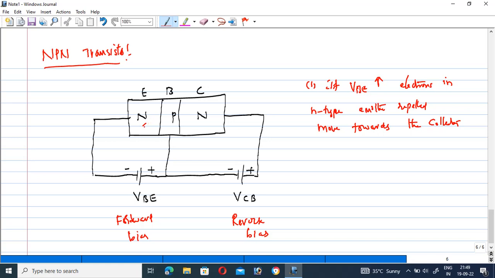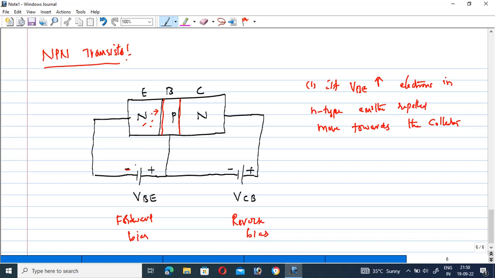In the N-type semiconductor material, the majority charge carriers are electrons and the minority charge carriers are holes. Therefore, when the negative terminal is connected to this, the electrons move towards the collector side, and this is the depletion region. In the P-type semiconductor, majority charge carriers are holes and minority charge carriers are electrons, right?